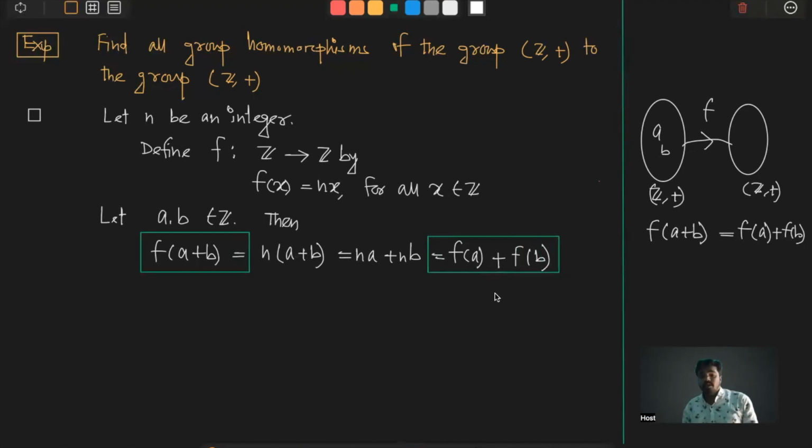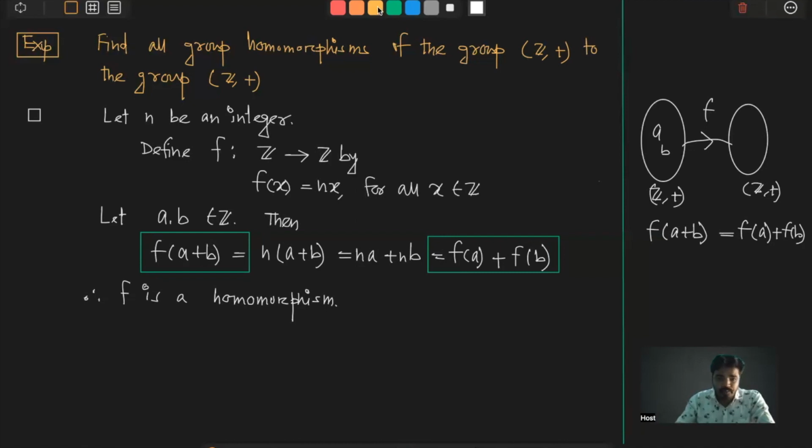So hence we conclude that f is a homomorphism. So I defined the function f(x) is equal to nx, and showed that f is a homomorphism.